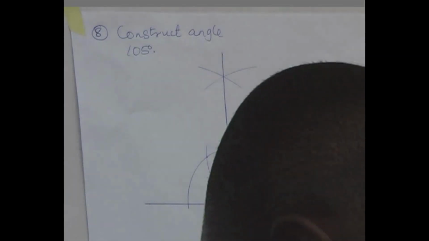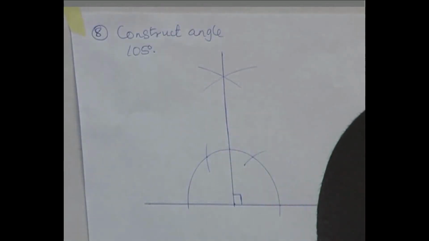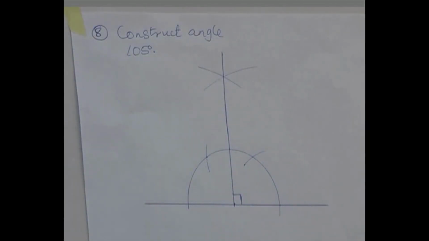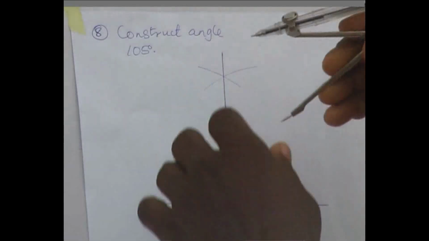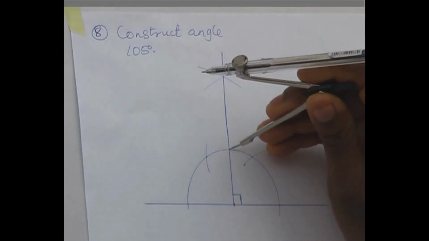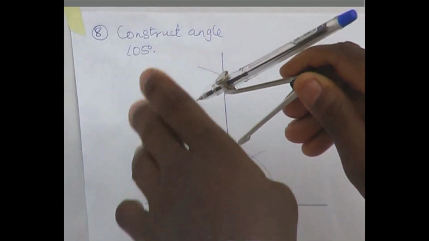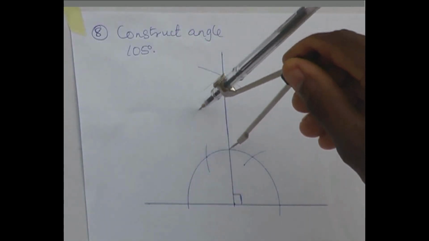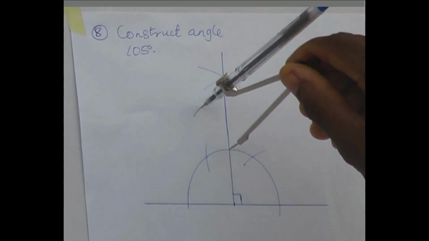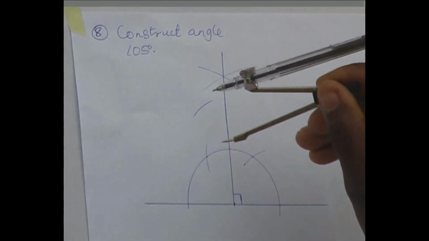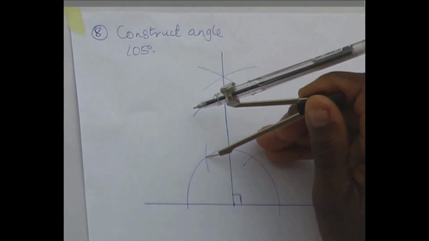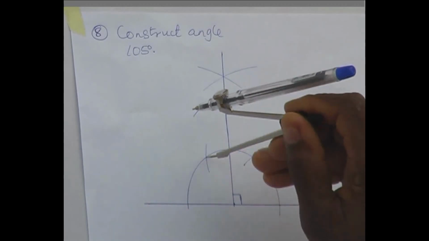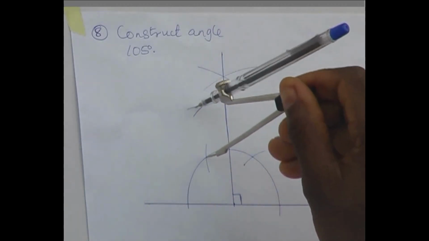So let's bisect that angle. Open your compass to a given radius. Place it at this point of intersection. Make an arc. Remove it. Don't adjust the radius. Place it in this other point of intersection. Make another arc to cut the one you made before.